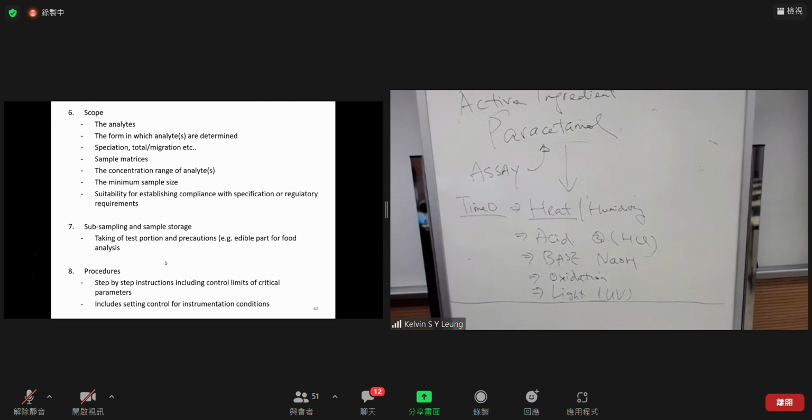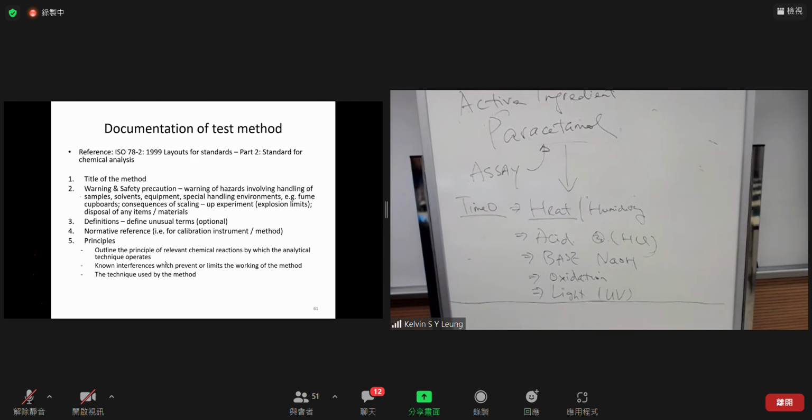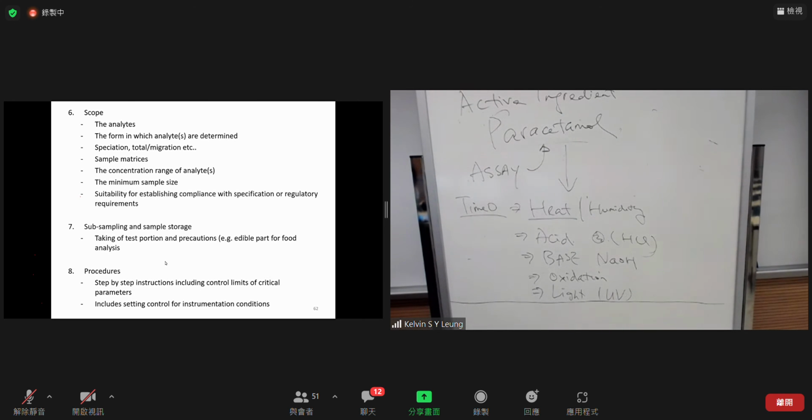So if your sample is not stable, or if your standard is not very stable, then you have to list out to prepare the standard freshly in your normal routine SOP.